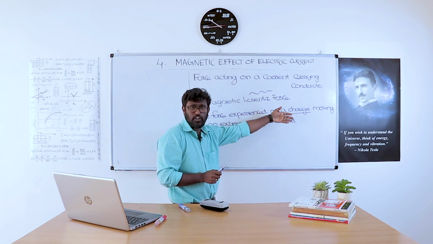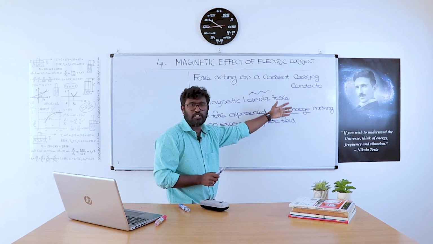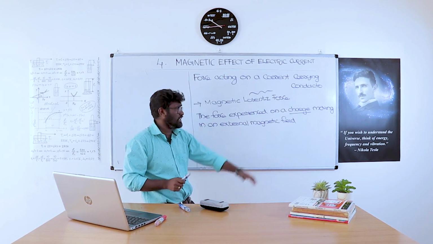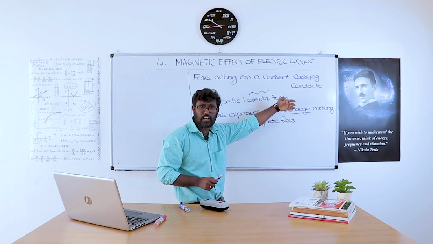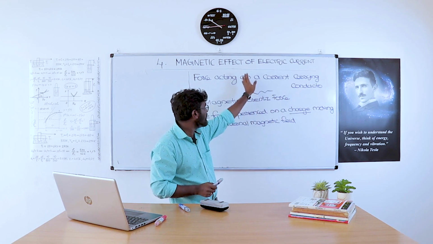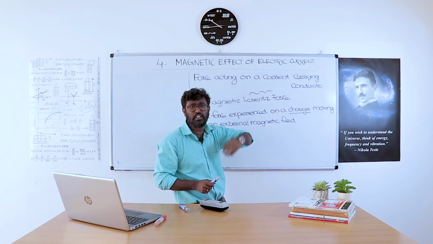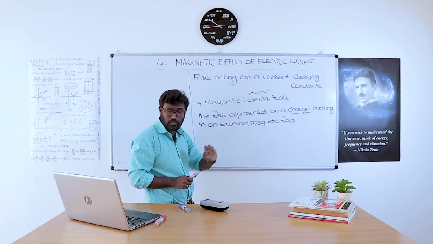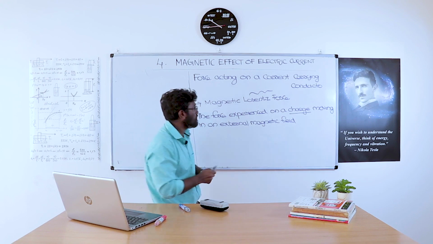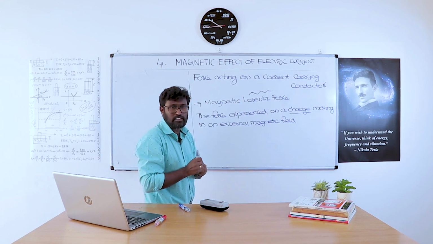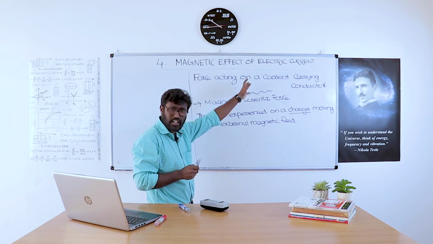Here, as we all know, moving charges constitute current. So here we know the force acting on a current carrying conductor. Whenever a charged particle is moving, that means a current is developed. If the current carrying conductor is placed in an external magnetic field, the charge is moving in the conductor.